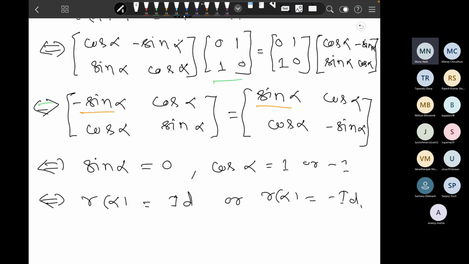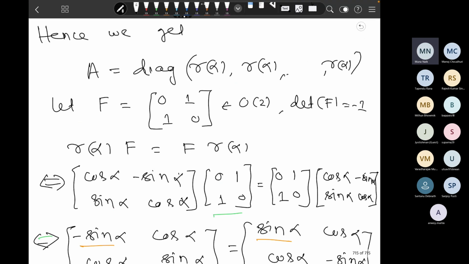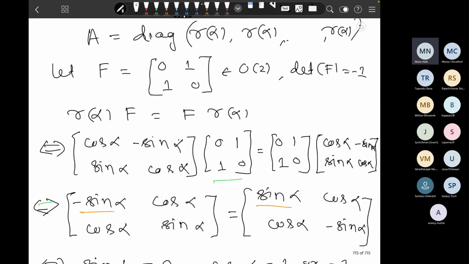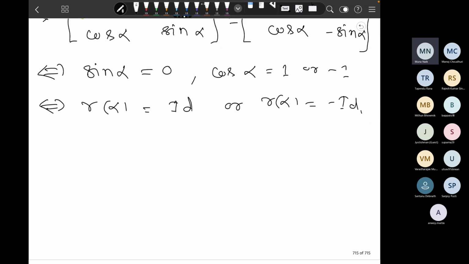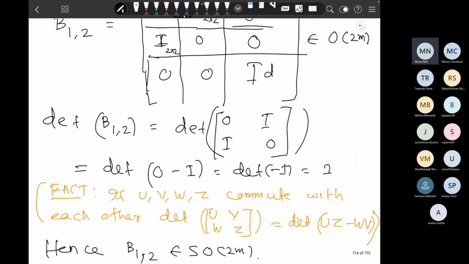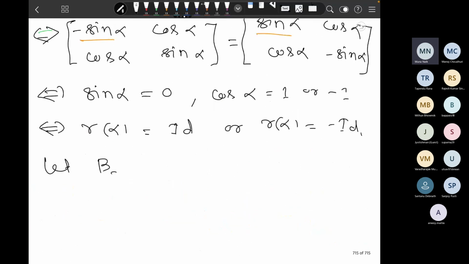Now I will use this F to construct this thing. Observe that determinant of F is equal to minus 1. So, final step. B_jk was there, B12. Let B2 be equal to really diagonal F, F, and the rest of the things are identity.